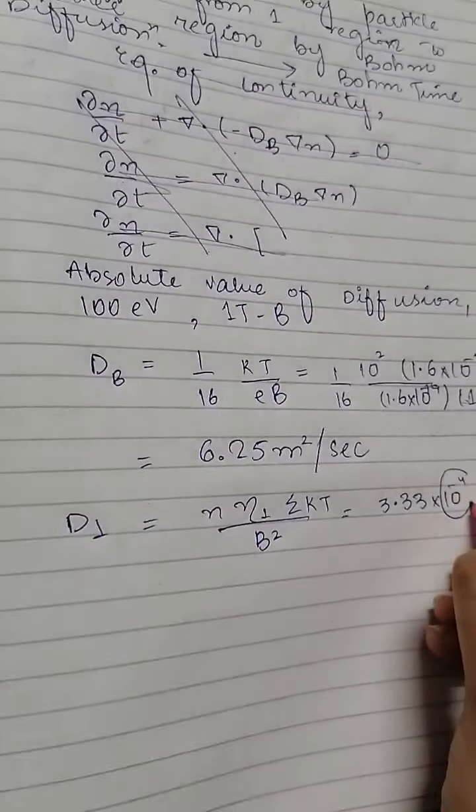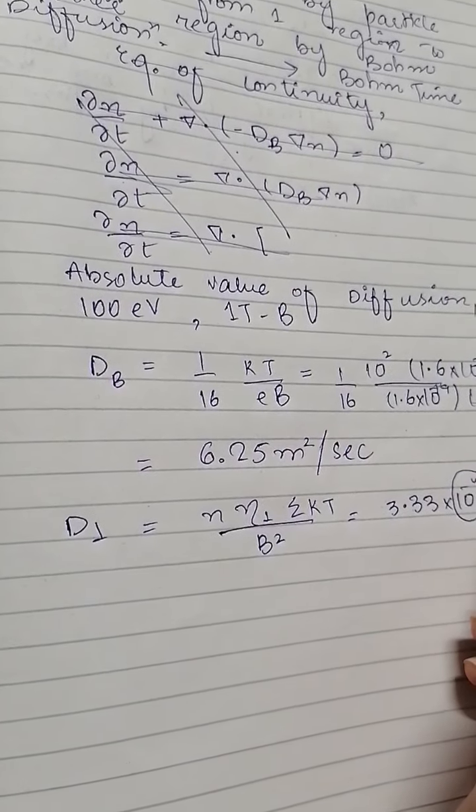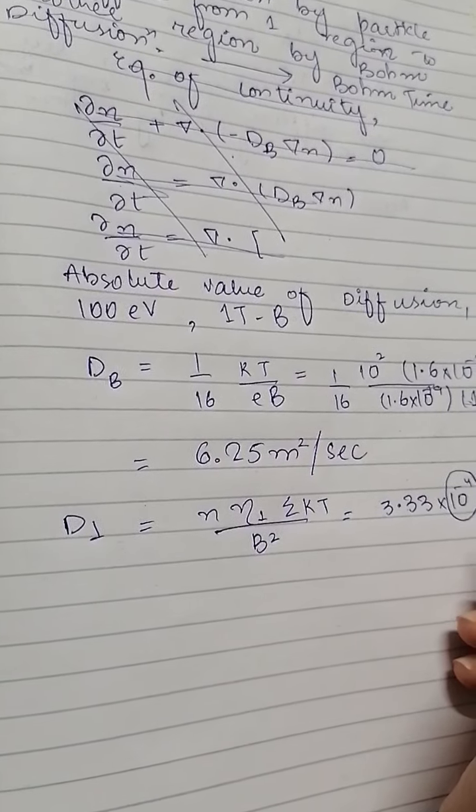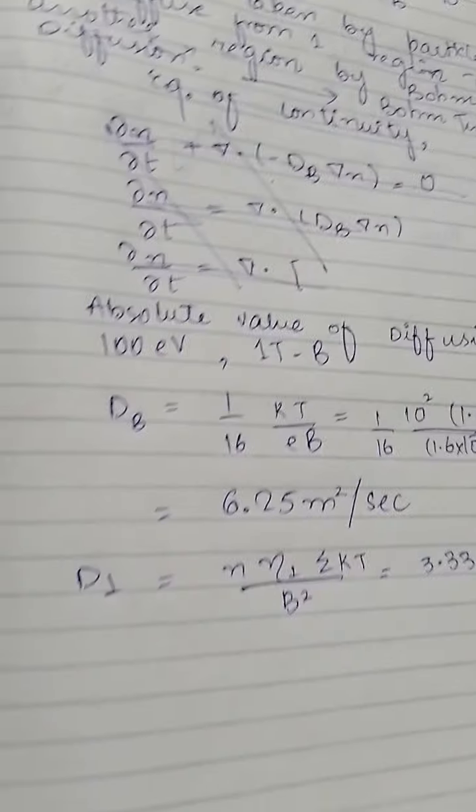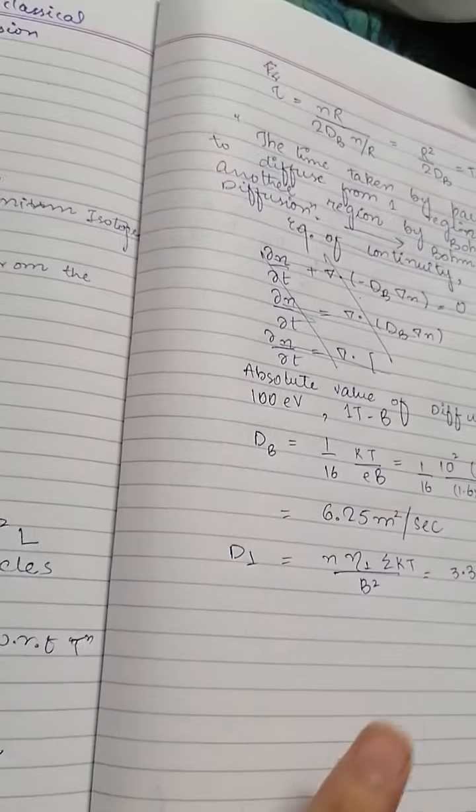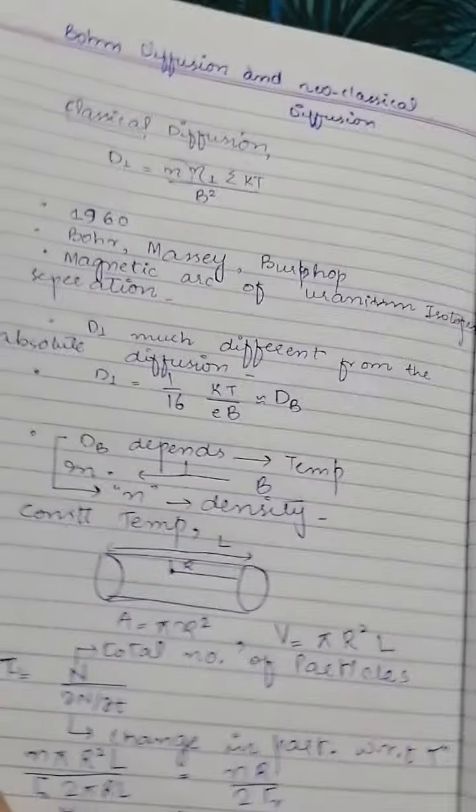So you can see this 10 to the power minus 4 is the disagreement. I hope you can understand what and why we use and study Bohm diffusion. Thank you.